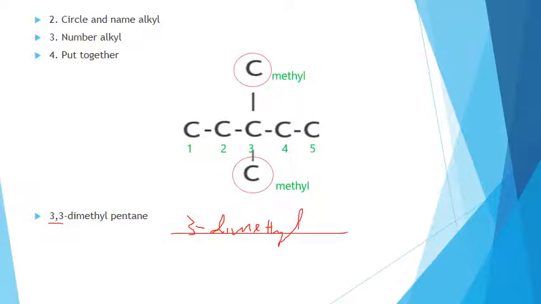This is wrong. Okay, so you have to tell that both of the carbons come off of that same carbon. So even though it says di and you might think that this implies that it applies to 3, you have to tell that both of them come off of number 3. So it's 3,3-dimethyl pentane.